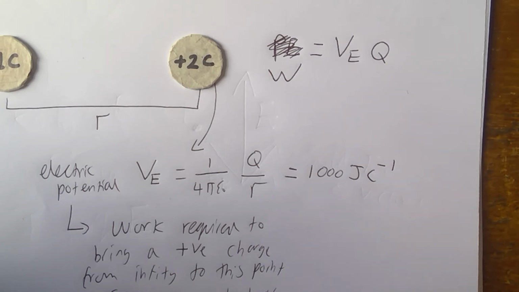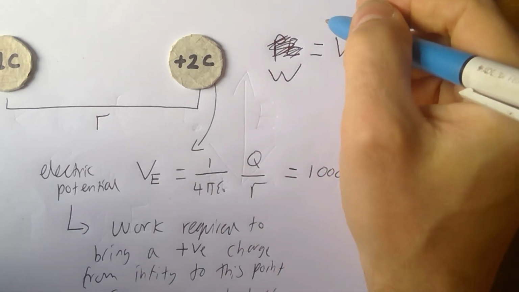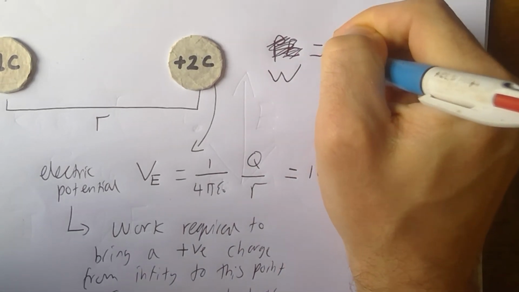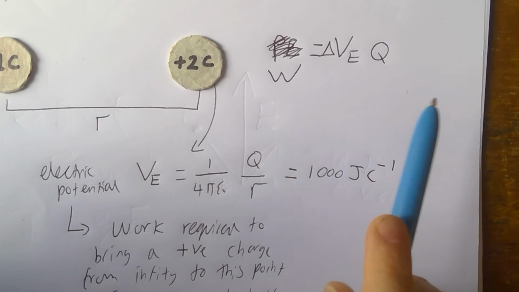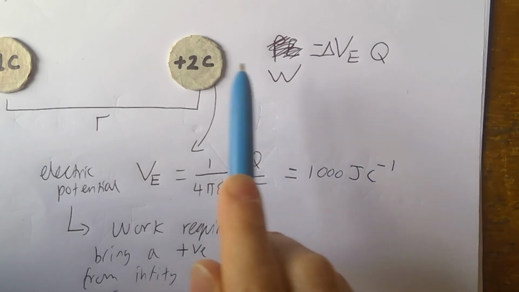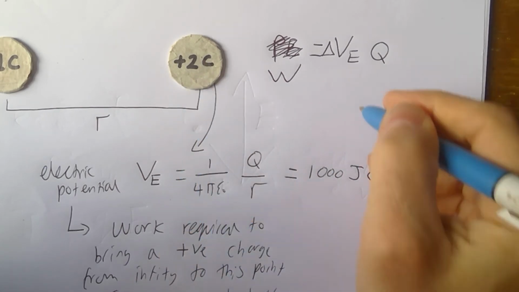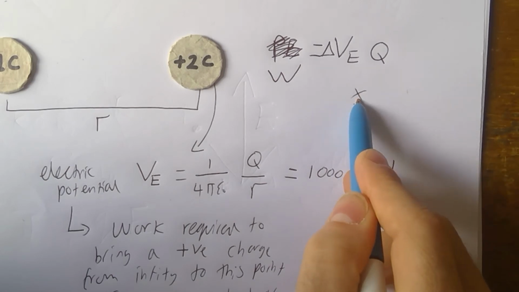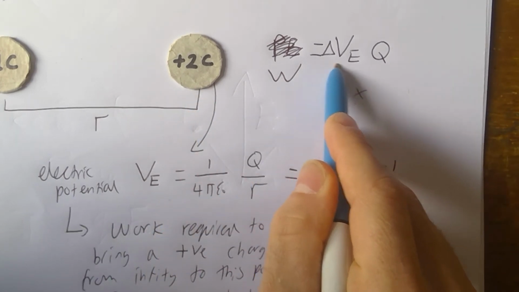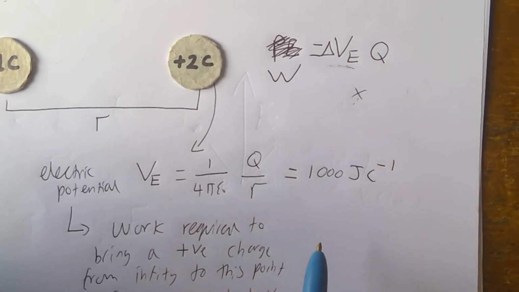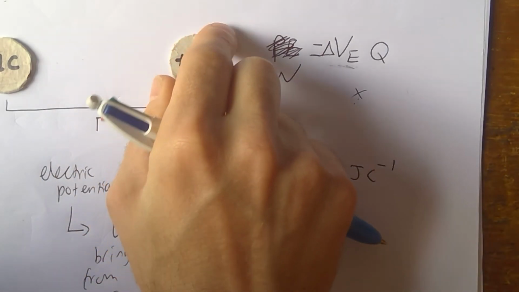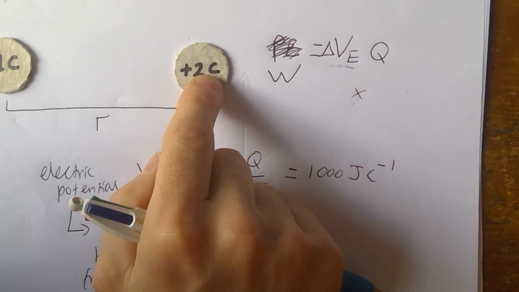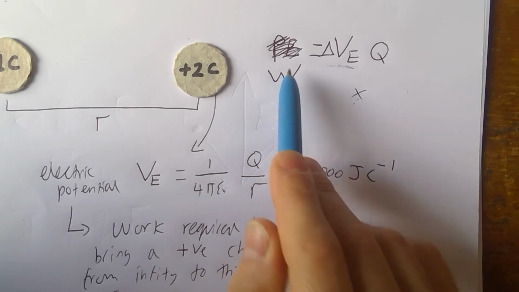Who says you've got to bring it from infinity? Well, you could just put a delta VE in. If you're bringing it from one point in space to another, say from here to here, you could just work out the potential difference, delta VE, multiplied by the charge you move from here to here, and you would get the work done.